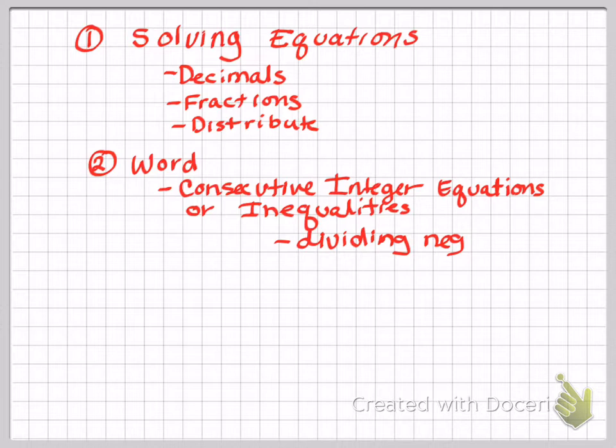Another challenge to consecutive integer problems: it says x is less than 19.8, and you have to find the greatest possible outcome.